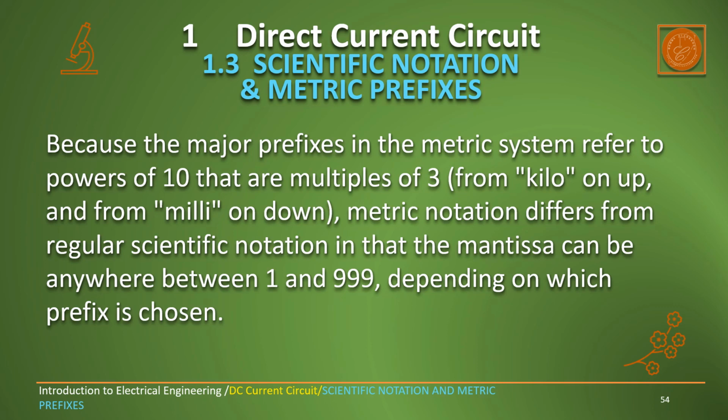It means from mid 10 power 0, go up is kilo, go down is milli. Metrical notation differs from regular scientific notation in that the mantissa can be anywhere between 1 and 999, depending on which prefix is chosen.